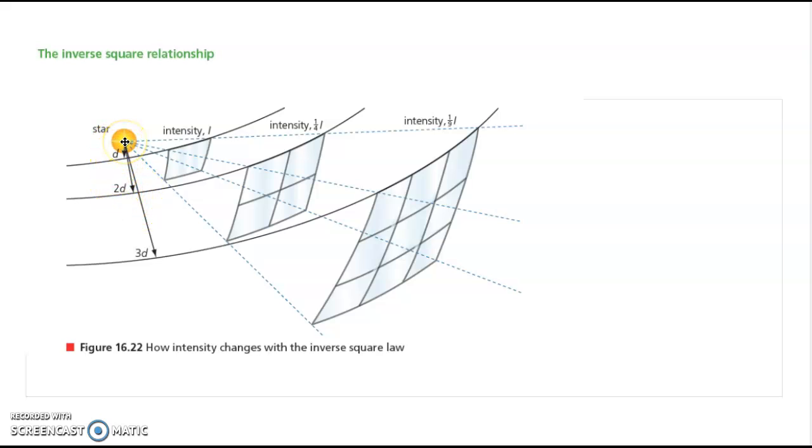So if you are a certain distance d from a star, the intensity is I. If you double that distance, then the intensity would be 1 over d squared, so it will be 1 over 4. And then if you make the distance 3 times bigger, it would be 1 over 9.